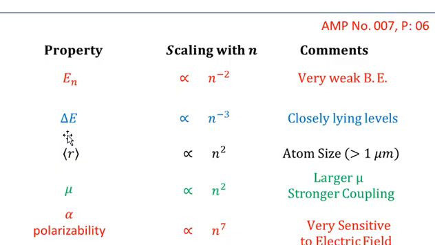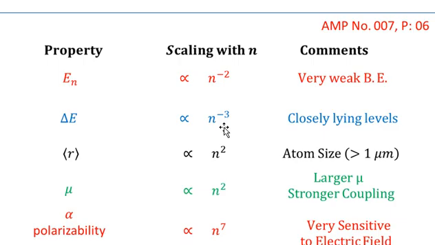Delta E, that is the change in energy between closely lying levels when a transition takes place from one level to another closely lying level. The emitted energy delta E is proportional to n to the power minus 3. So it changes as the cubic power of 1 over the principal quantum number.